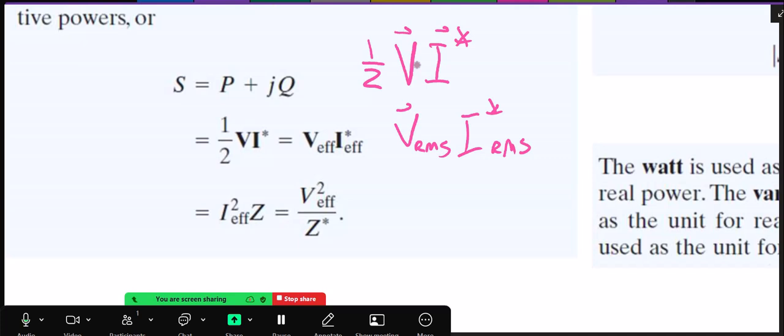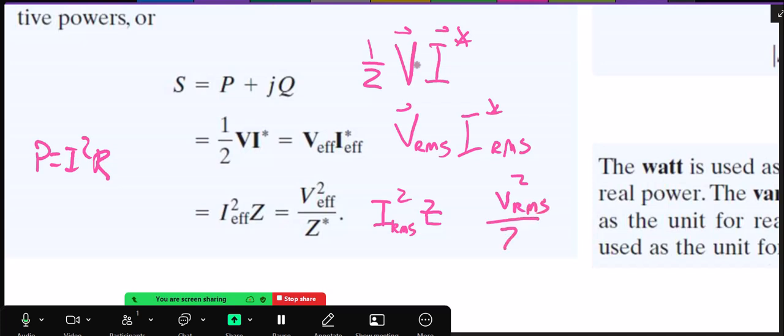It can also be I RMS squared Z, which comes from the same as power equals I squared R. It can also be V squared RMS over Z conjugate. And those are all complex values.